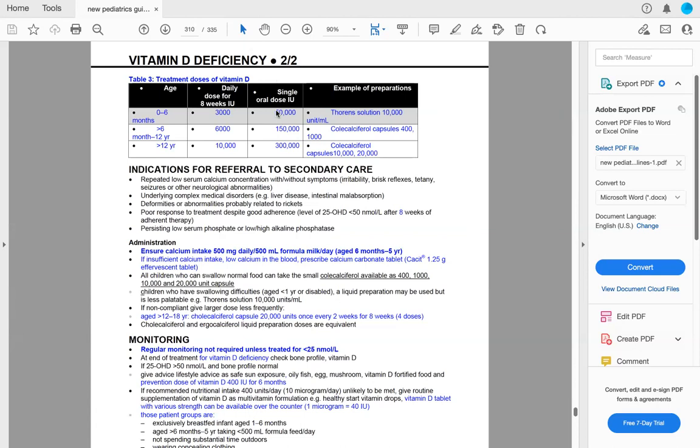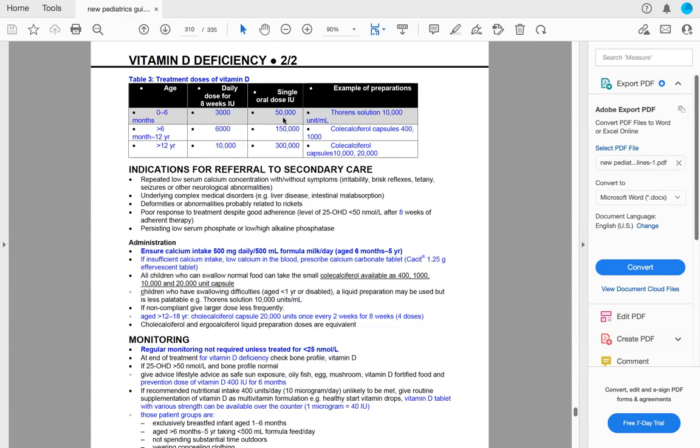Because you gave a single dose, after 8 weeks you have to measure and then give a single dose again, because the child may not be corrected in one dose. But if you are giving the daily dose of 3000, then also after 8 weeks you have to measure the serum calcium, X-ray, parathyroid, everything.